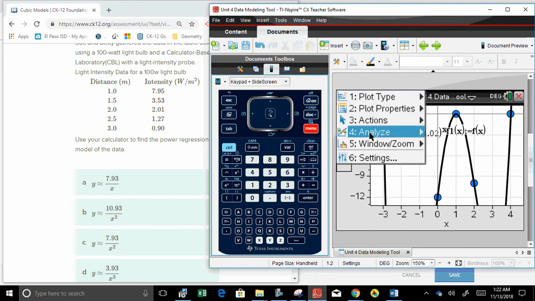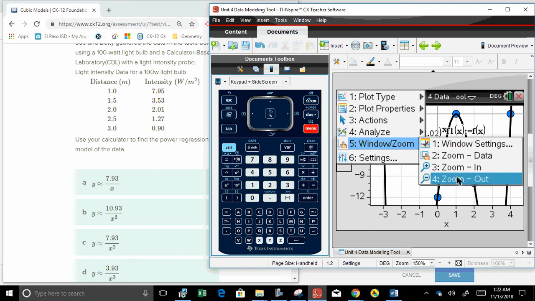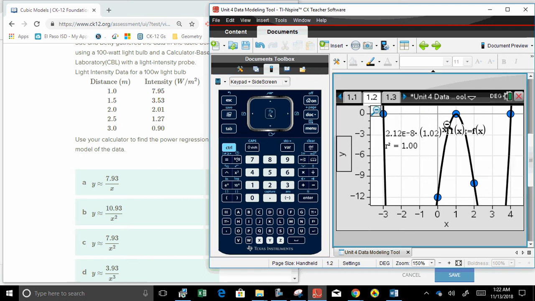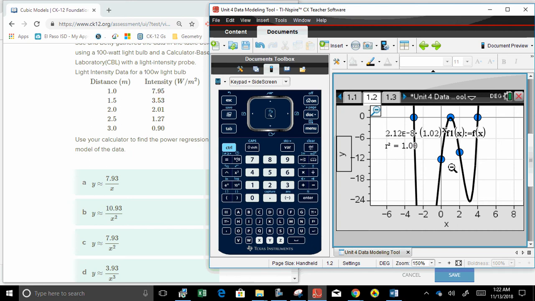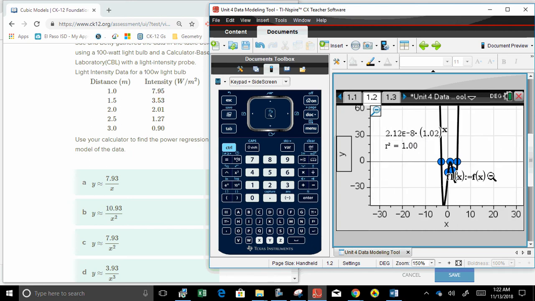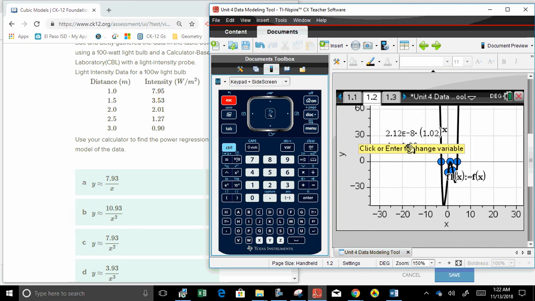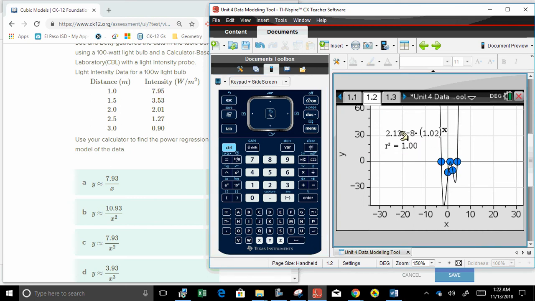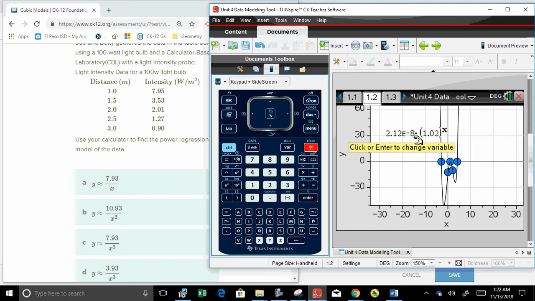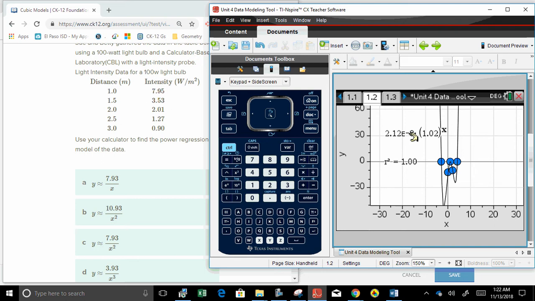Zoom out if you want. Anyway, come back to this data.